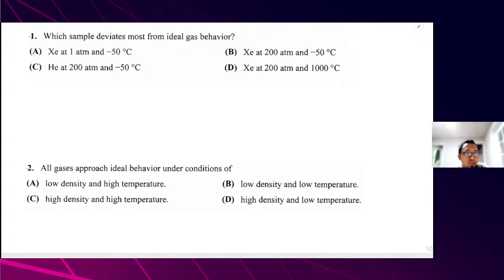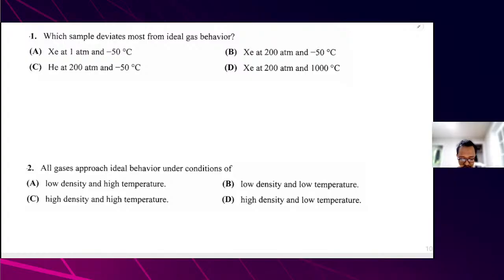So today we're going to continue discussing and practicing real questions from the ACS exam. Let's get started with the first question. We are still in the topic of states of matter, including gas, liquid or solution, and solid.